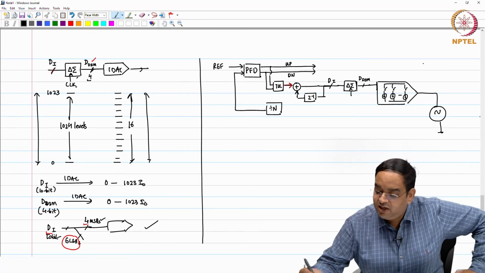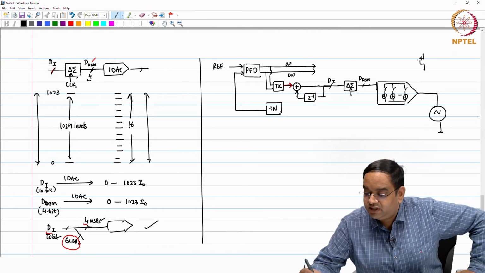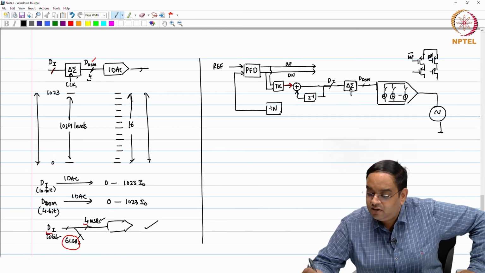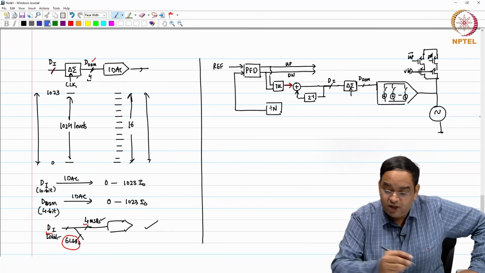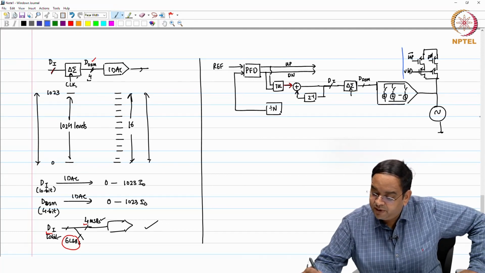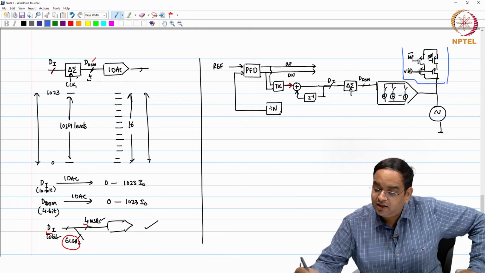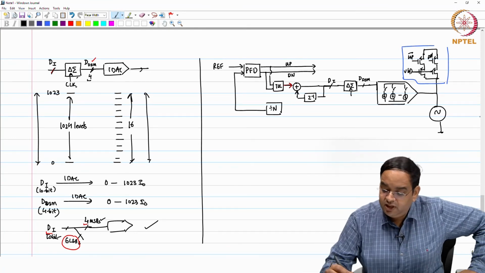Similarly, your up and down signals which are coming, you can control in this manner, so that you get up bar here and down here. And these two are controlled. You can have a fixed bias current if you require. This is a bias voltage VBP. These two are also going to give the current here. So, this block is your proportional DAC and the other block is your integral DAC.